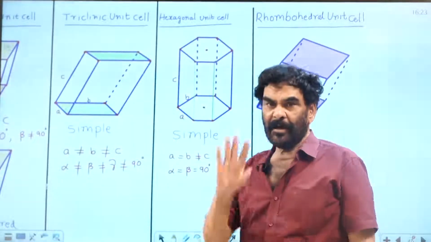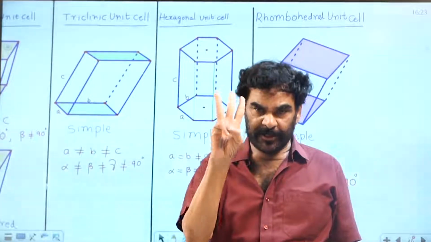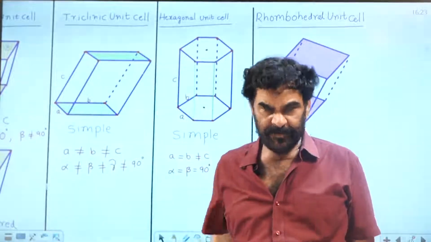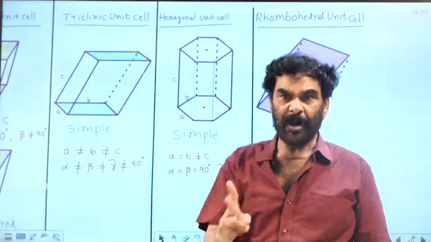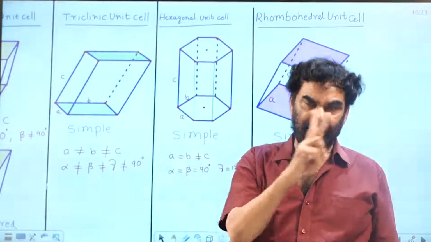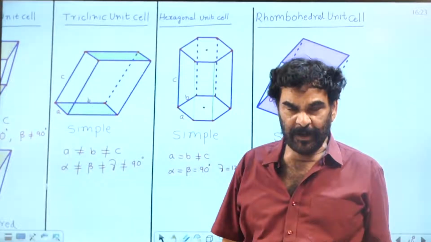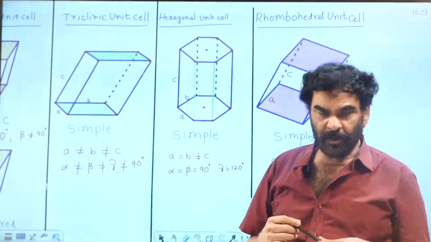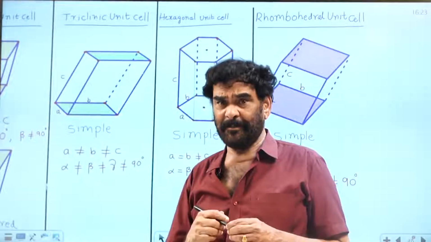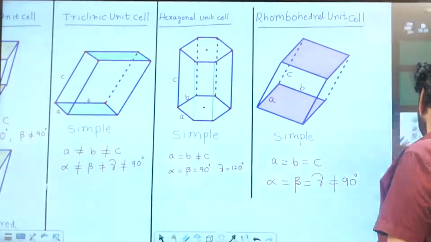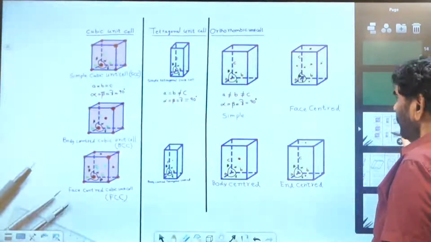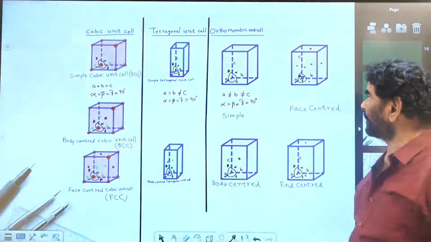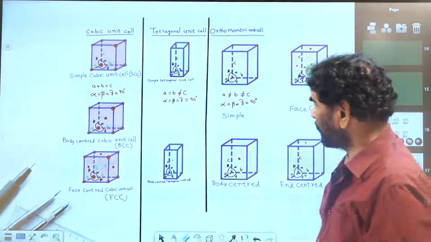So for each, 4 should be further possible. For the cubic unit cell, only 3 are possible; end-centered is not possible. For the tetragonal unit cell, only 2 are possible: one is the primitive, that is simple, and the other is the body-centered. In the orthorhombic system, 4 types of unit cells are possible, the maximum.